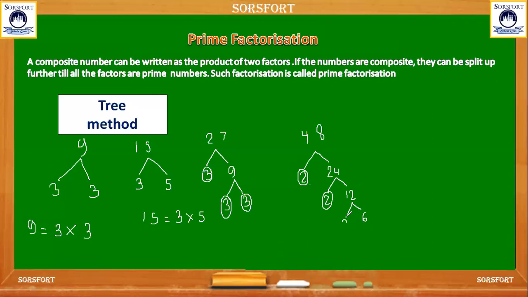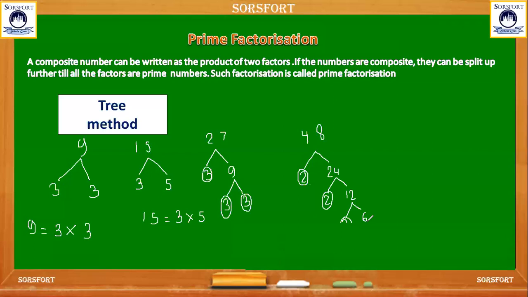Again 2 is prime and 6 is composite. 6 can be written as 2 into 3. Now both are prime, so I stop splitting.